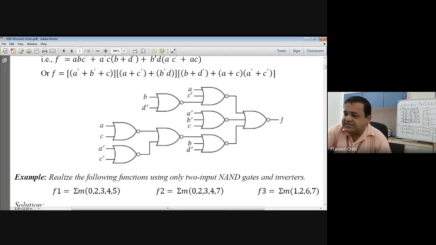Okay. Whatever procedure I have given, it will be clear if you solve this particular example. So quickly, you can take down this example.